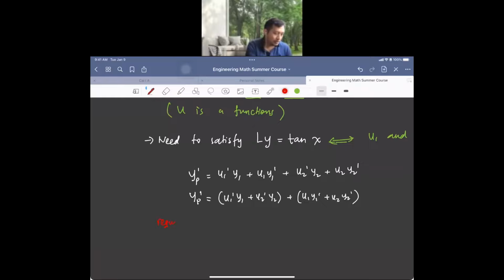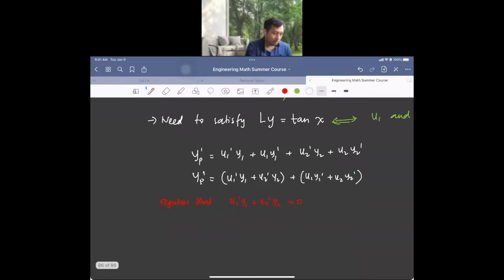We require that u1 prime y1 plus u2 prime y2 equals 0. When we take this as 0, then our y prime becomes just u1 y1 prime plus u2 y2 prime.